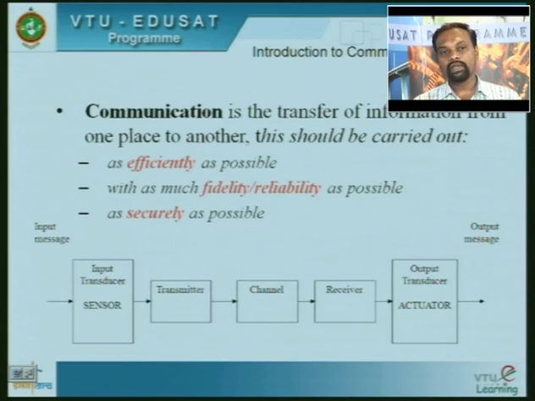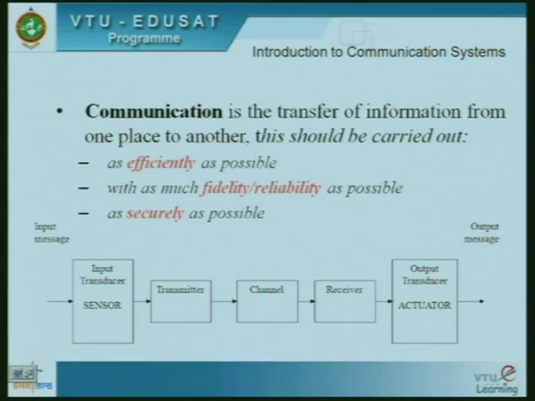It should also be secure so that nobody is able to hack the information. So, the 4 important terminologies which describe communication are transfer of information, efficiency, reliability and security. That is the basic definition of communication.